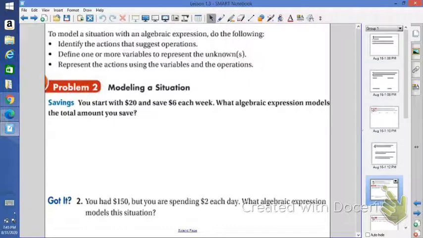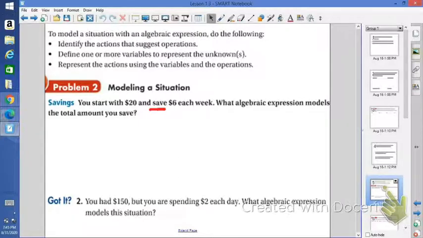I see the word save. If you're saving money, are you adding money to your account or subtracting money? You would be adding.